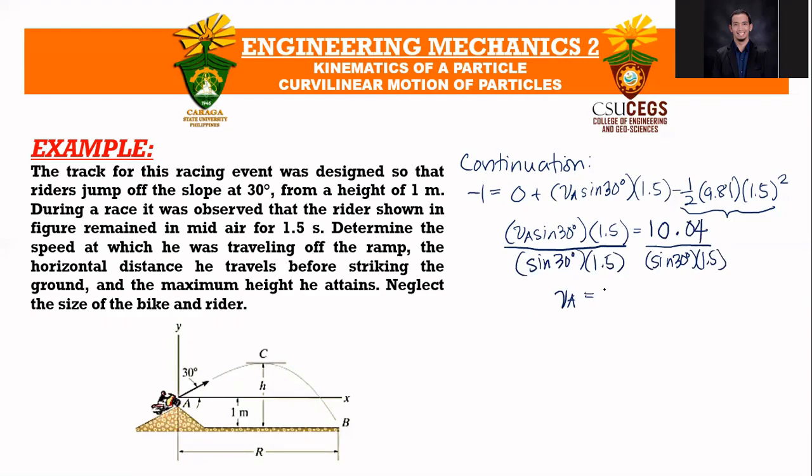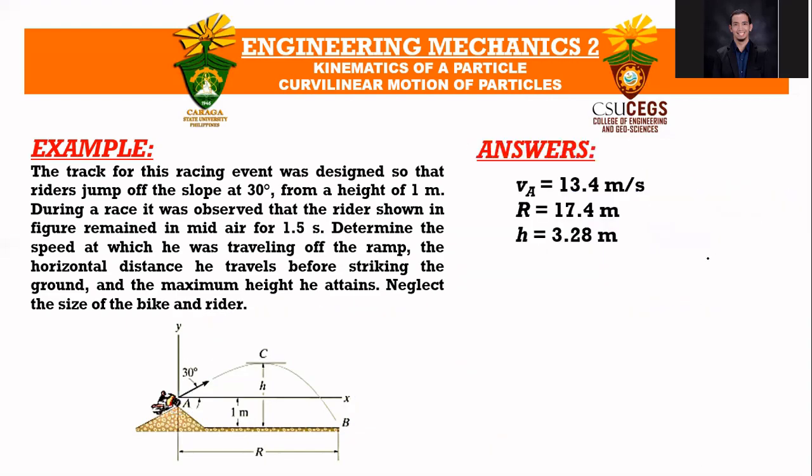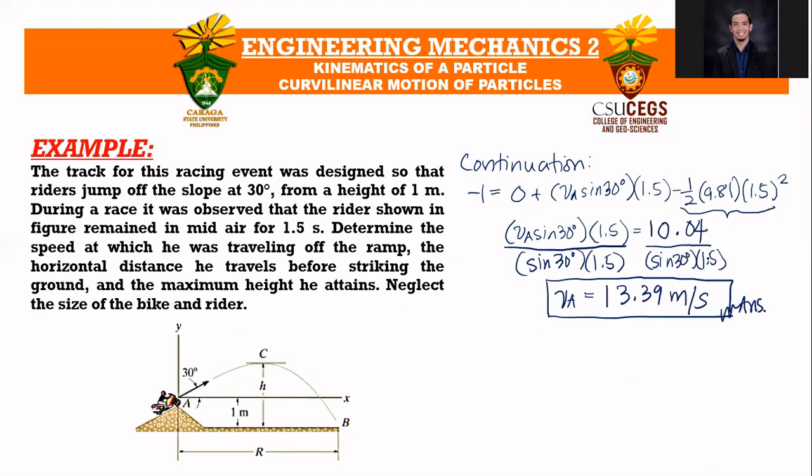So that would be 13.39 meters per second. So that is the speed of the rider. That will be your answer. Let us check if that is the correct answer, 13.4. So if you round off, that would be 13.4. So that is 13.39 meters per second.